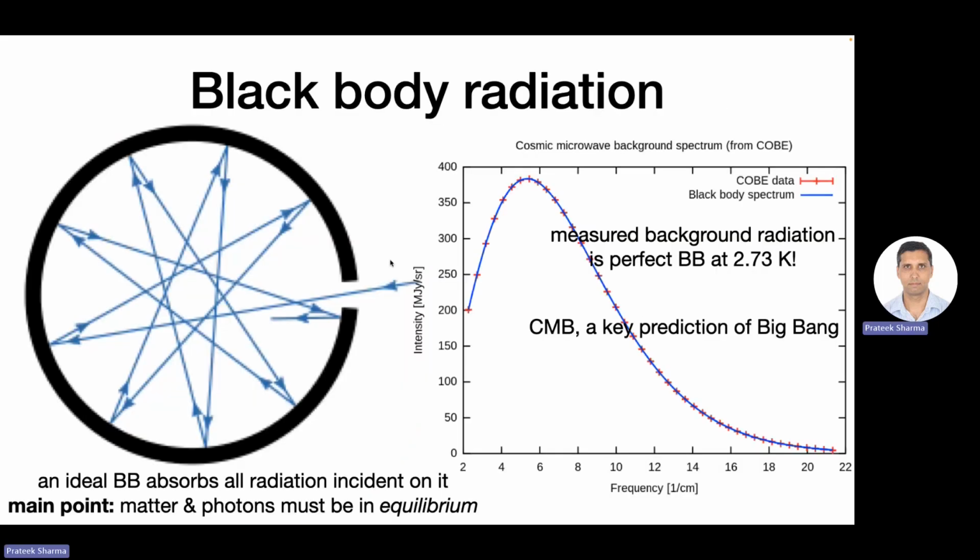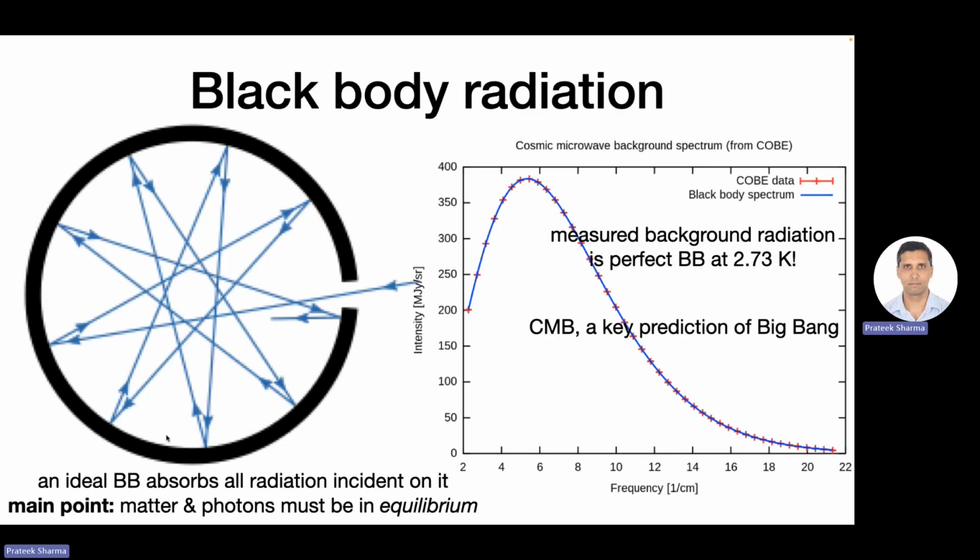Okay, now we know the physics of black body. This is a very idealized representation of a black body. In textbooks it's written an ideal black body absorbs all radiation incident on it. All that is okay, but what does it actually mean? It's not helpful saying that. Why should I care if it absorbs?